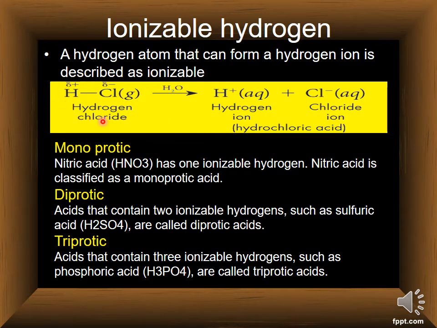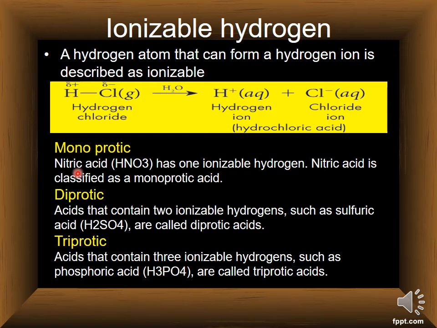On the basis of the number of hydrogen ions, we can classify acids into three different groups: monoprotic, diprotic and triprotic. Start with the first, monoprotic acid.